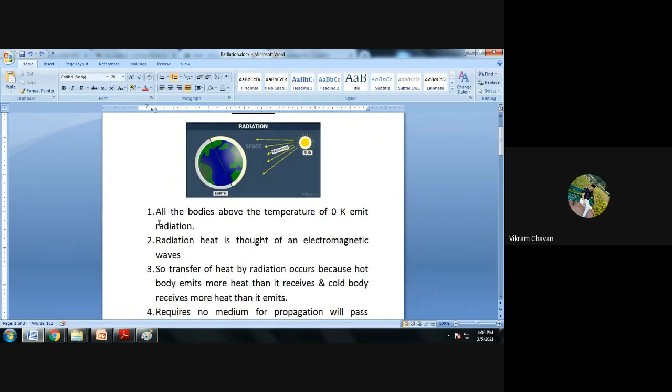All the bodies above the temperature of 0 Kelvin emit radiation.